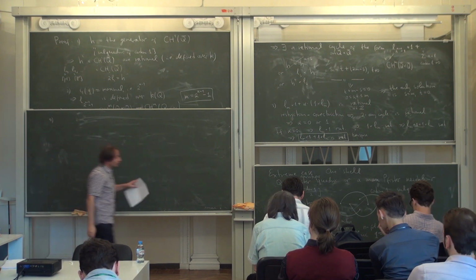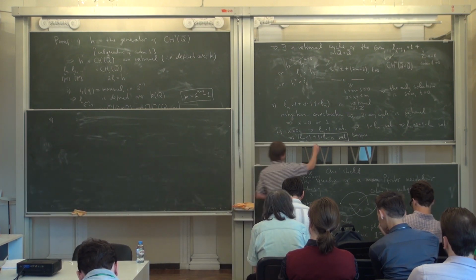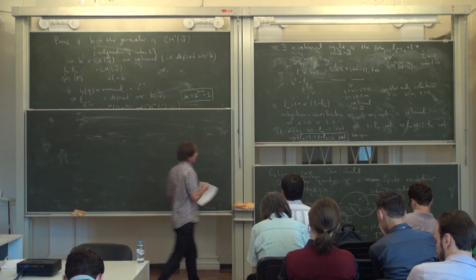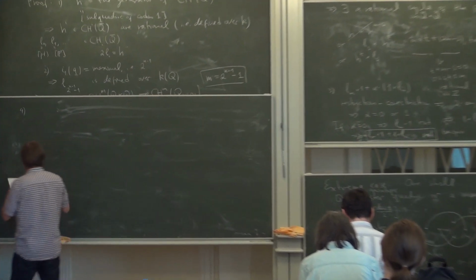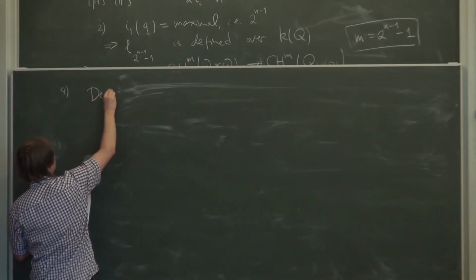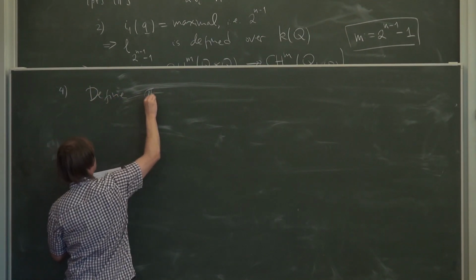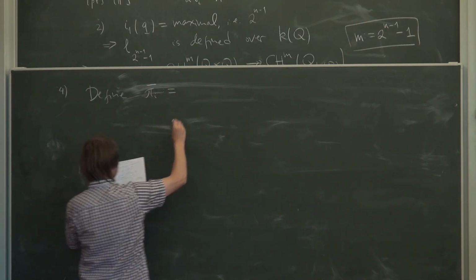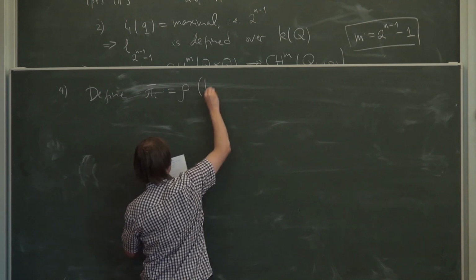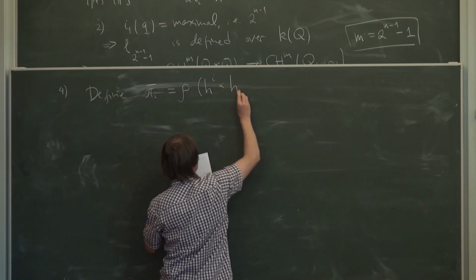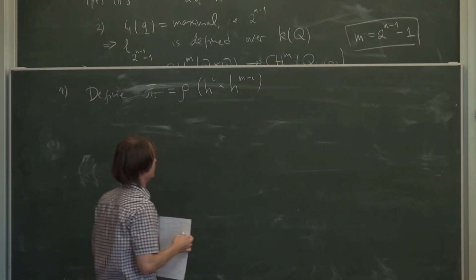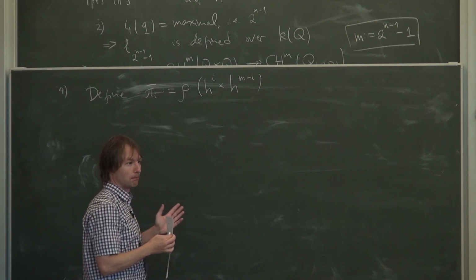So let's denote this sum by rho, and let's take the cycles pi bar, defined as rho times hi times hm minus i, for i from 0 to m.